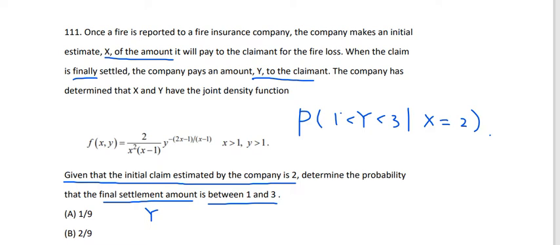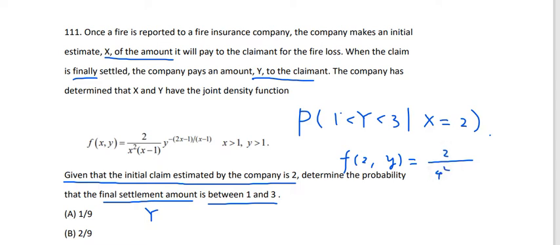So when x equals 2, what is the density function? We just plug x equal to 2 into the density. This is a constant, right?